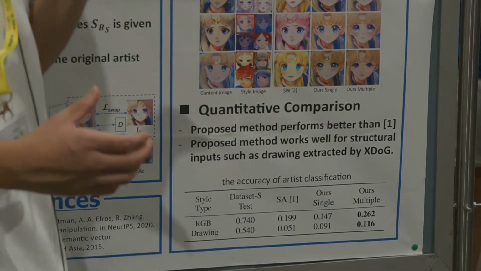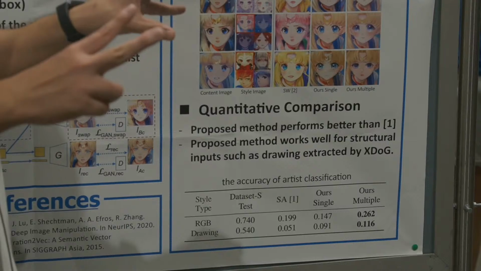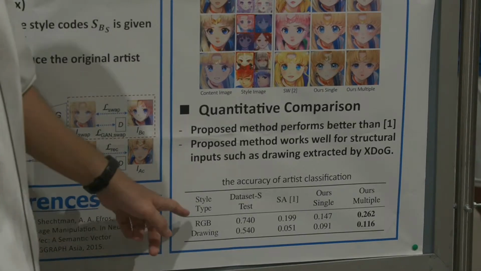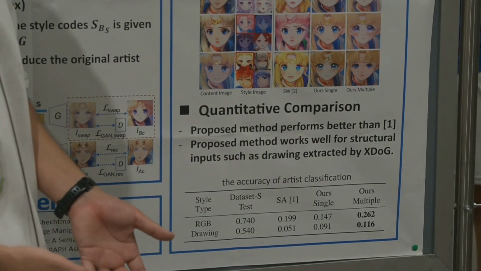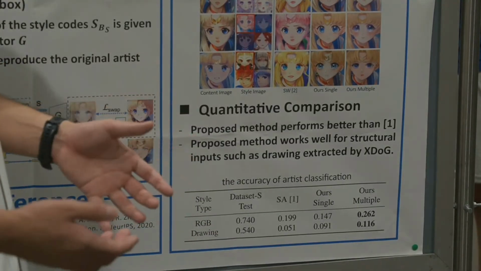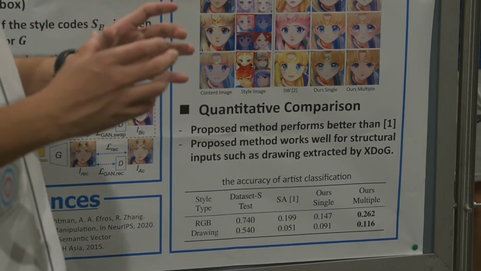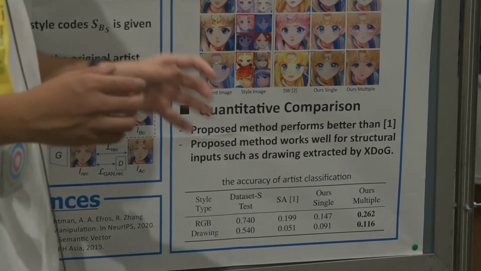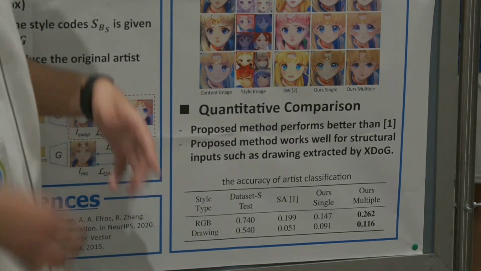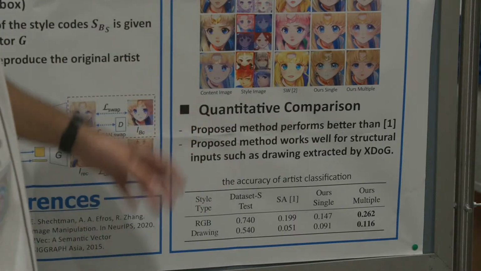Class 1 is drawn by author A, and class 2 is drawn by author B. Then the classifier classifies the output images to infer which classes they belong to.